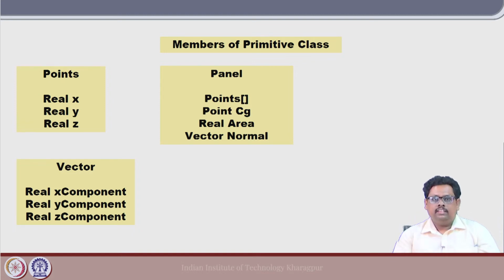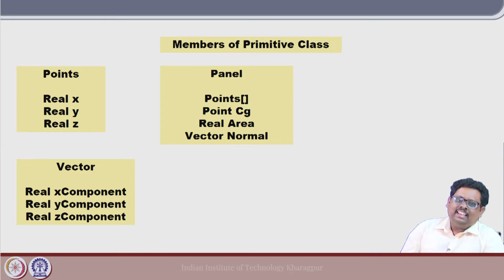So, location of the phi is very important, right. So, now here in the panel we have the points we discussed, all in the set of points with the coordinates, and also the centroid. Okay. So, it is not a real number, everyone understands it, right. So, it is a typo, so I just corrected it right now. So, it is a point, and then you have the area of the panel.